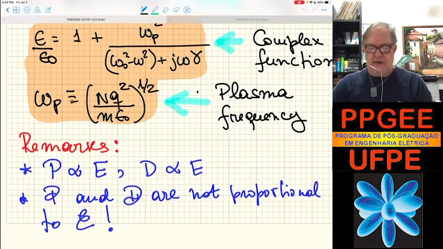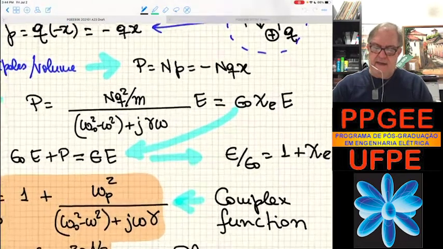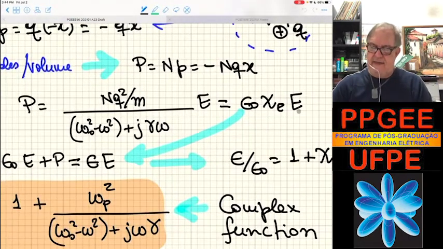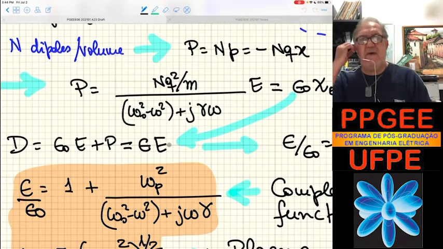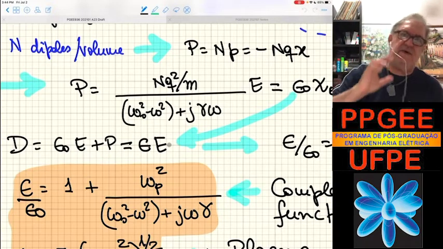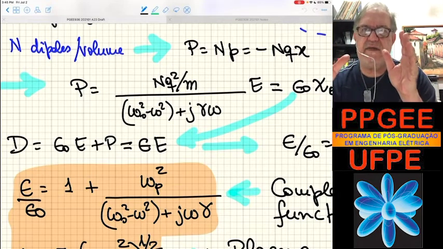So it's very important to understand that the phasors P and E, or D and E, are all proportional. I just showed you that. P is a parameter times E. The same thing, D is a factor times E. So we can talk about linearity: multiplying one parameter times the field, you get the other.